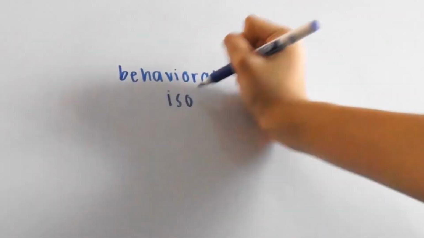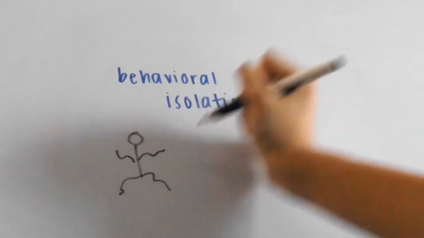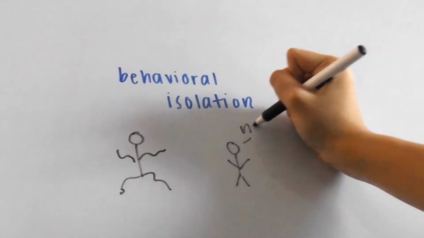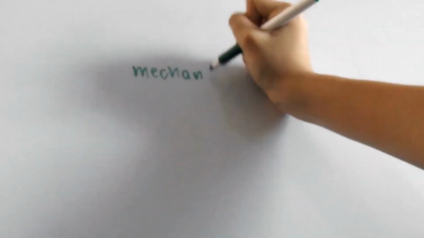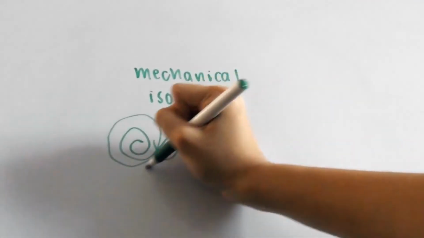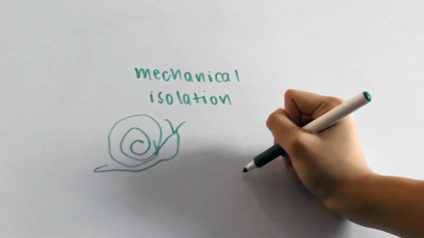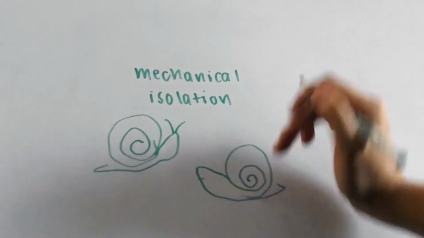Third of all, behavioral isolation is when courtship rituals or other animal behavior prevent fertilization, like this failed mating dance. Yikes. Anyways, here's an example of mechanical isolation, which is when morphological differences between organisms prevent successful fertilization. These two snails have different spiral directions, so their genital openings are not aligned.